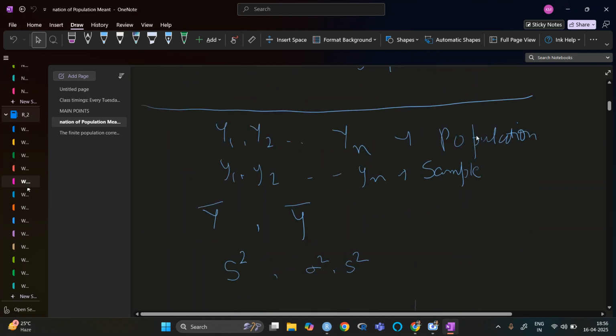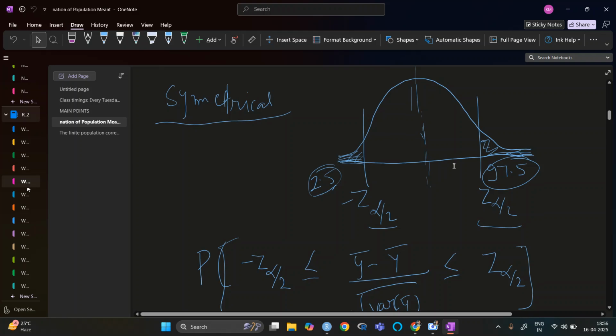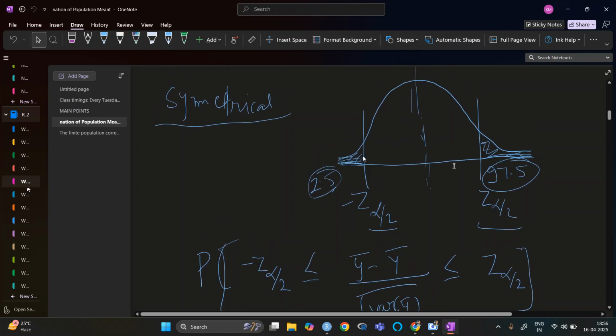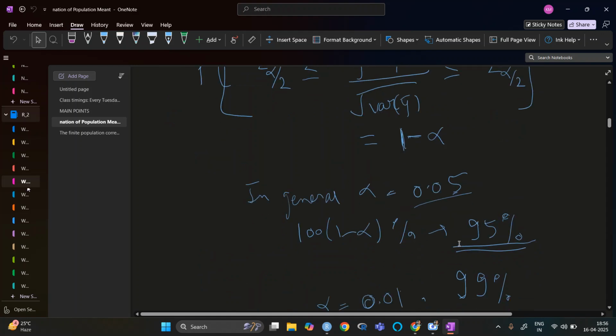If you have this population and this one as the sample, then if your data follows the normal distribution, we can take it, because this is a symmetrical distribution. For 5%, you will have 2.5% in the left and 2.5% in the right, and in between you have 1 minus alpha.